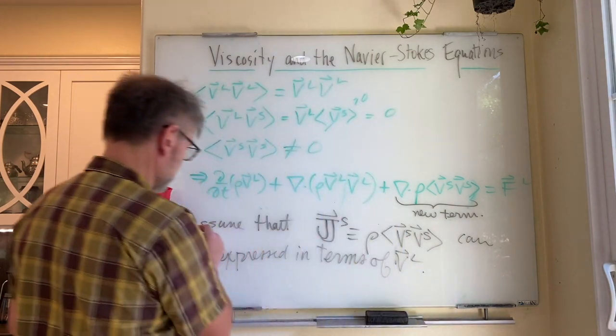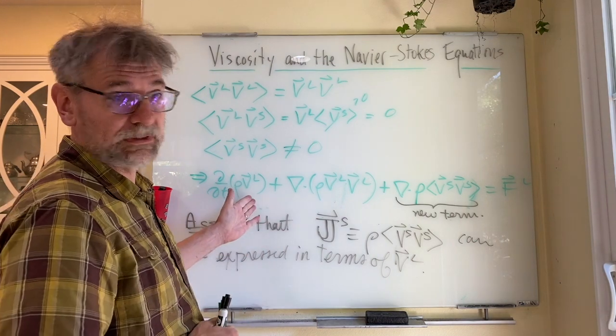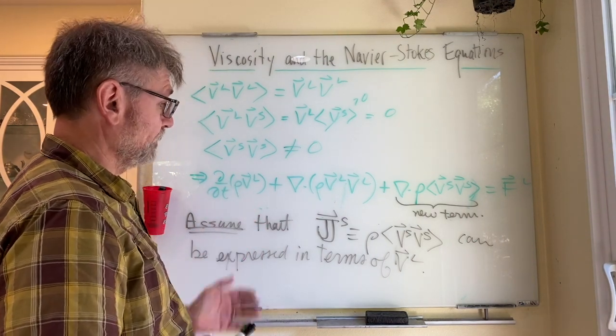So that's an assumption, right? And to the extent that this assumption is good, we will get a good model for the ocean circulation. If it's bad, we'll get a poor model.